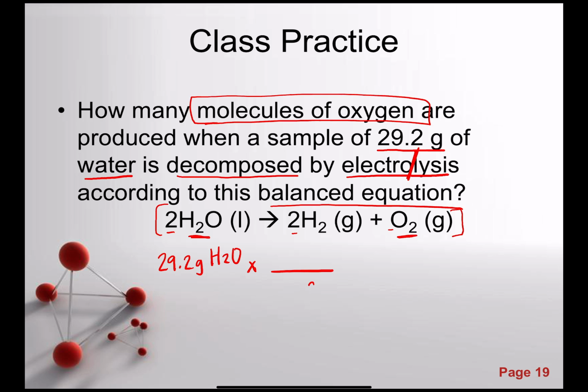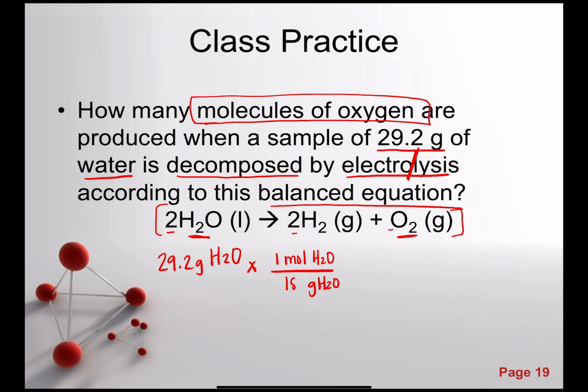I know I have to have grams of water on the bottom because I need those to be able to cancel out. Okay, and we can go from gram to mole, using our molar mass from the periodic table. So the molar mass, if we add it up for water, 1 oxygen and 2 hydrogens, is 18 grams of water per 1 mole of water.